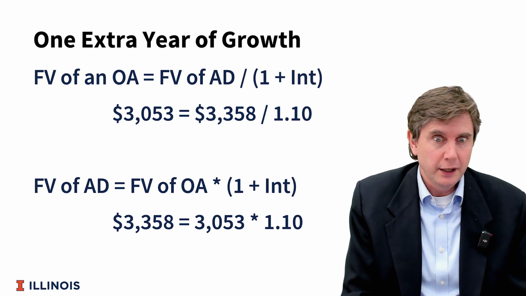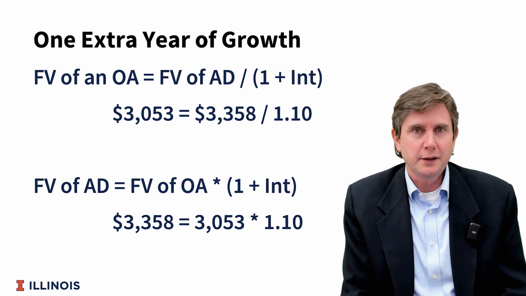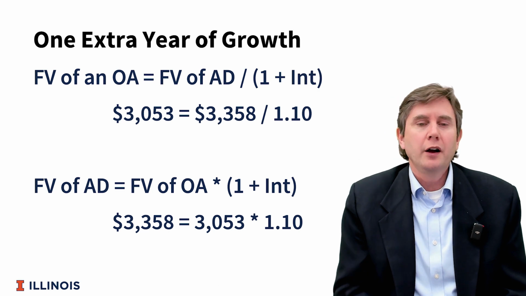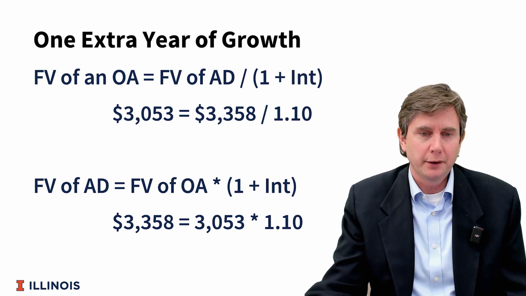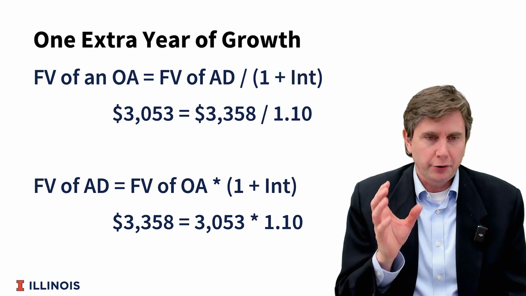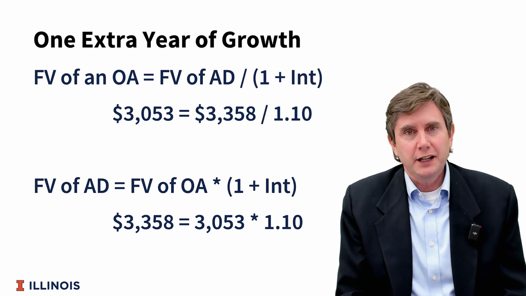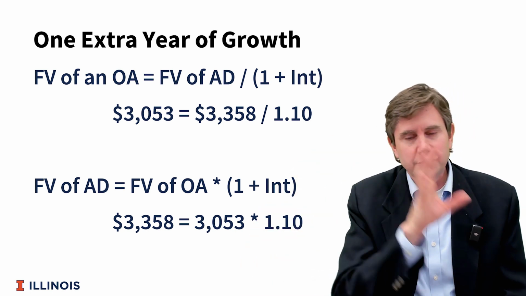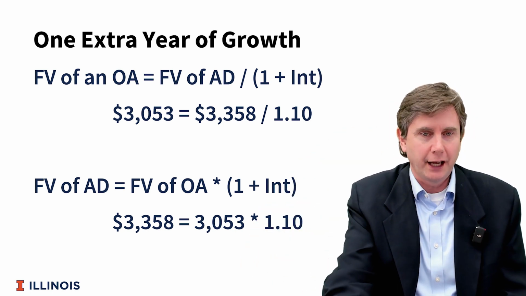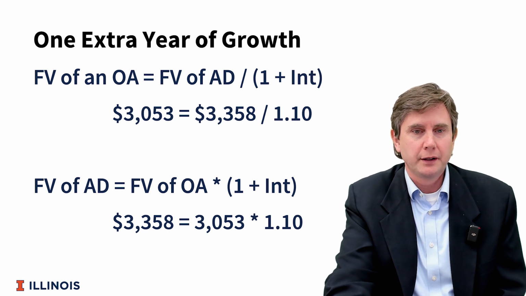The annuity due is equal to the ordinary annuity times 1 plus the interest rate. That 1 extra period of compounding is the difference in those numbers. Our annuity due, 3358. That's equal to 3053 times 1 plus the interest rate. And that's how annuity due and ordinary annuity play together in the sandbox.